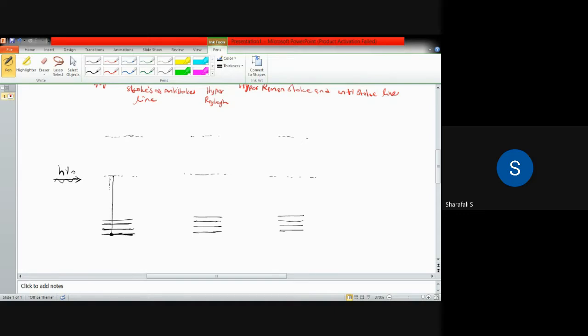Now, when it reaches this point, the second photon comes and interacts with this molecule, and that energy is also absorbed by the molecule, and it will again go to the next level after absorbing the second quantum of energy, that is the second hν0.